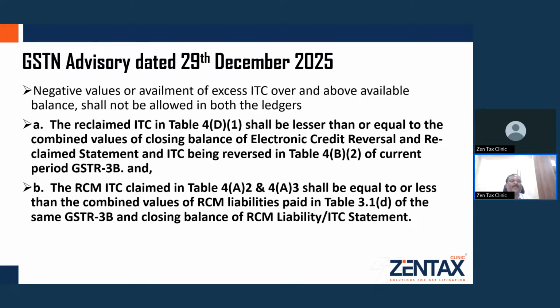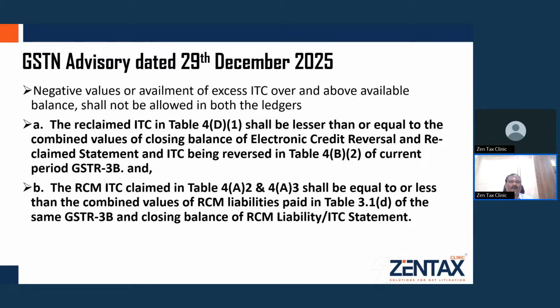Negative values will not be allowed in future. The amount reclaimed in 4D1 shall be lesser than or equal to the closing balance of ITC reversed. One tax period you may have reversed and then you will be reclaiming it in another tax period, which you will be showing in 4D1.